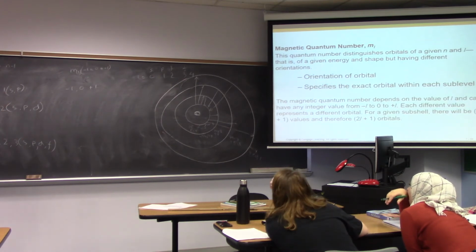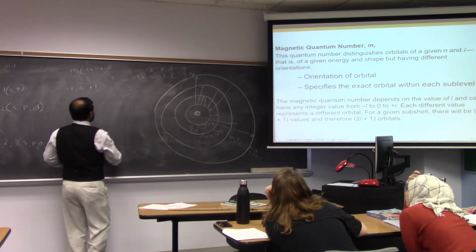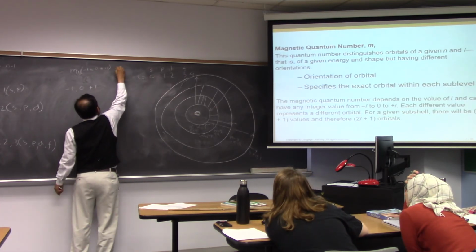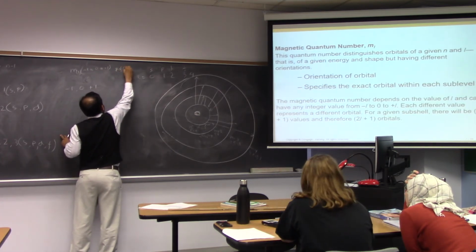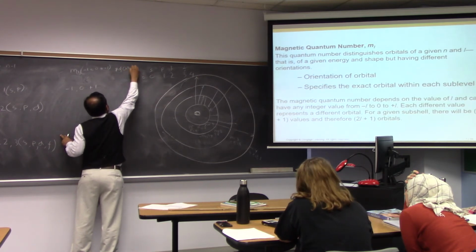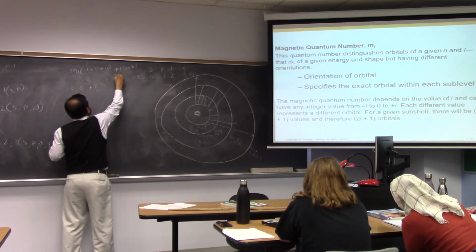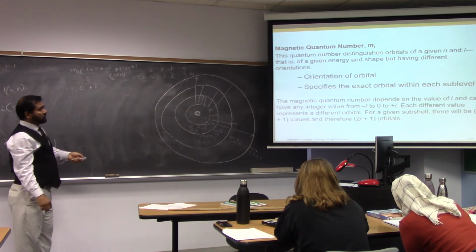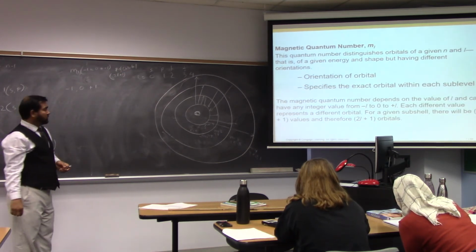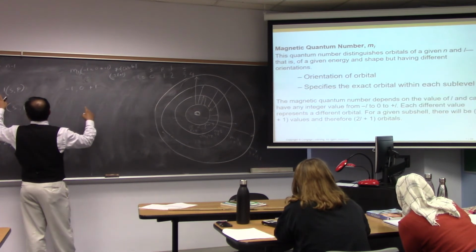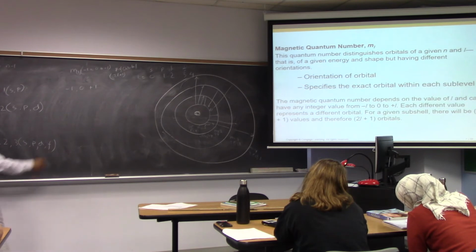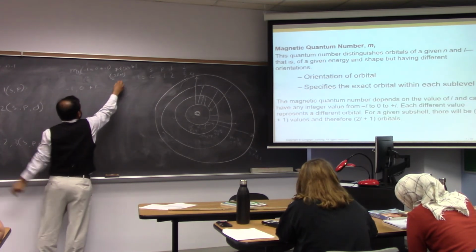One more thing we need to know is the number of orbitals. The formula is 2L plus 1. So 2L plus 1 is used to calculate the number of orbitals. Here L equals 0, so 2 times 0 plus 1 equals 1 orbital.